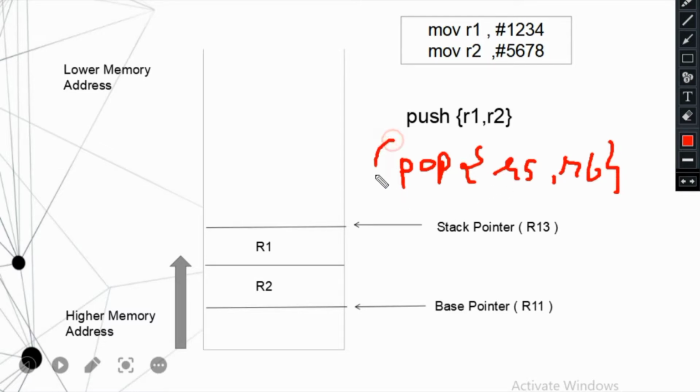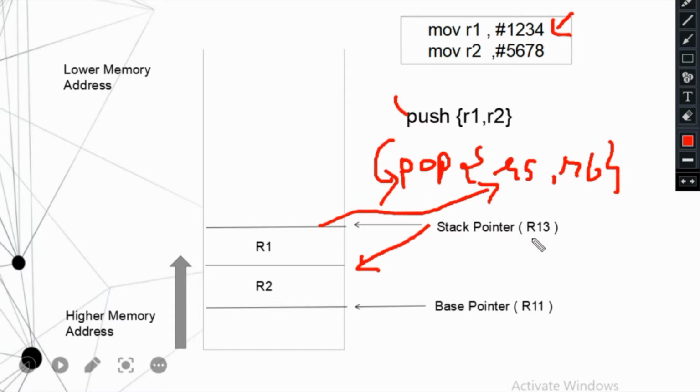After executing this instruction, the data at the top of the stack, which came from the R1 register, 1, 2, 3, 4, will be popped into the R5 register, and the stack pointer will point to the R2 data. The stack pointer always increments or decrements, or we can say changes, with every push or pop instruction.